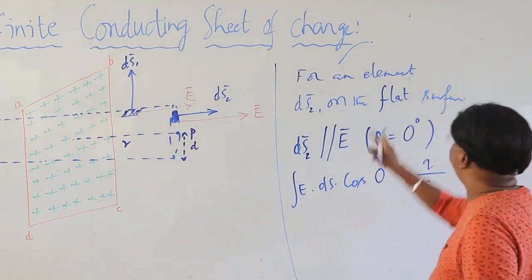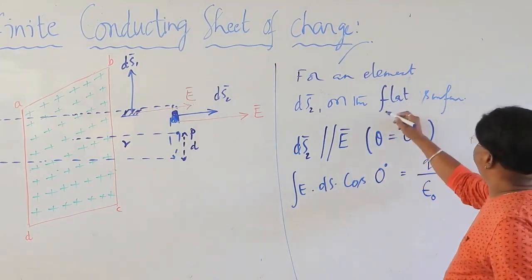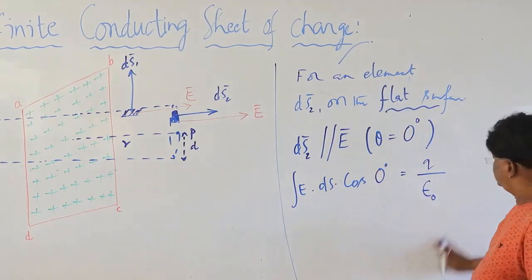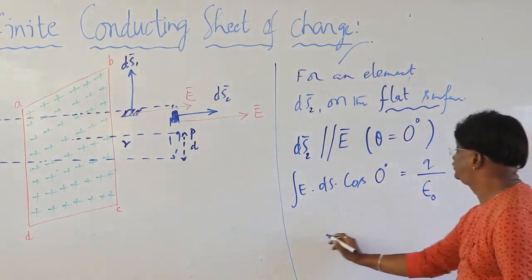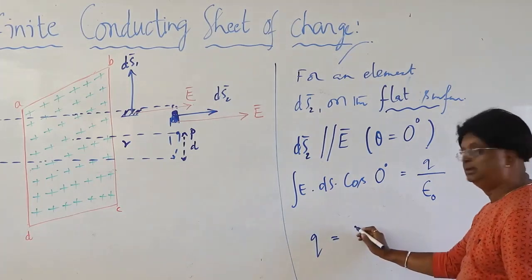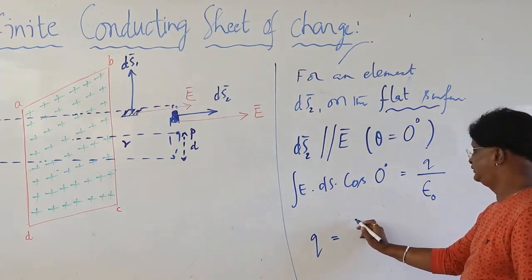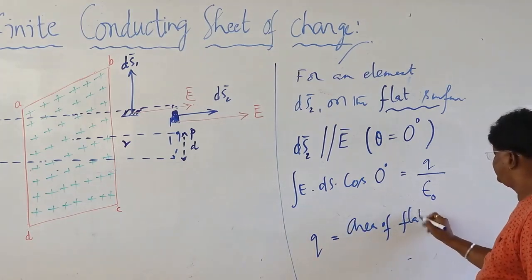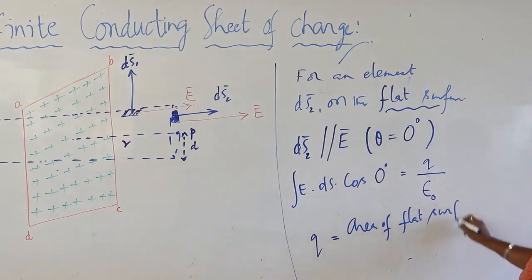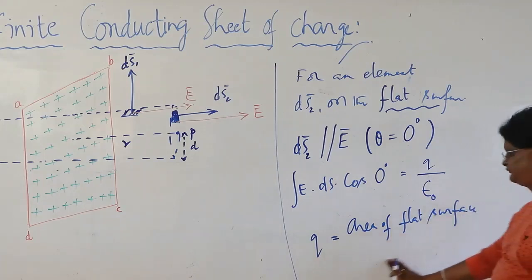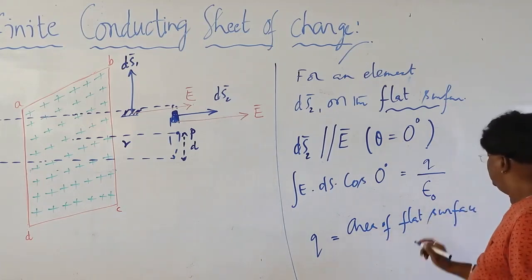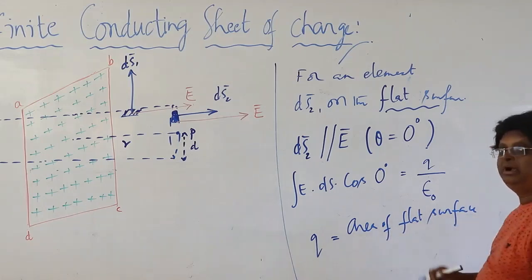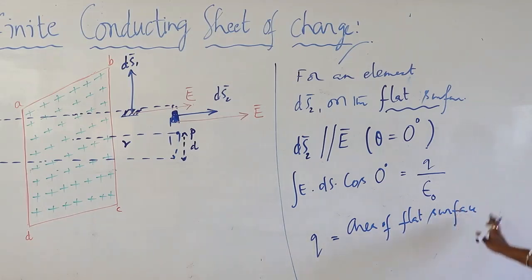Which area are we now talking about? The flat surface. Therefore, Q is equal to the area of the flat surface multiplied with sigma.